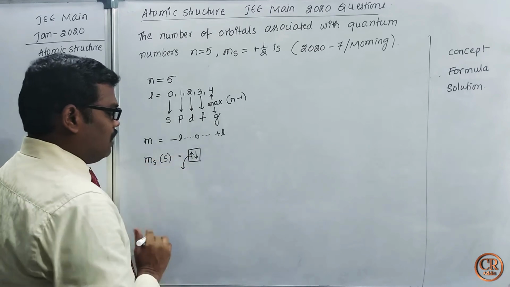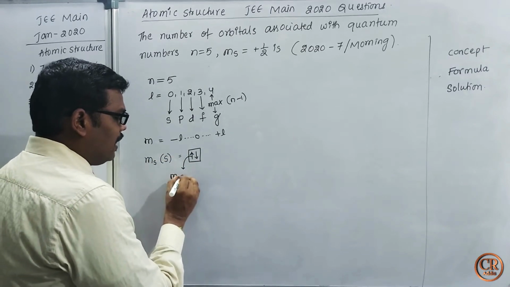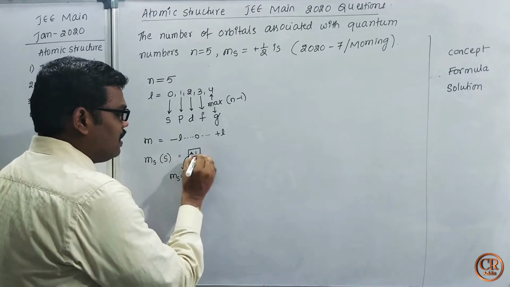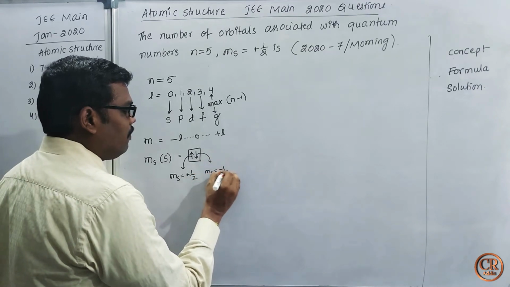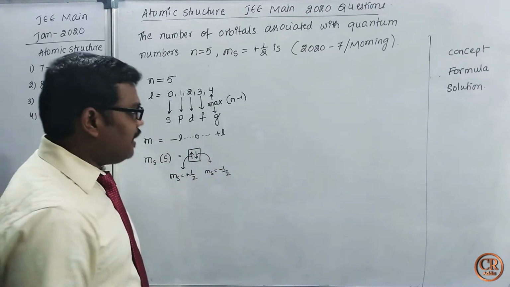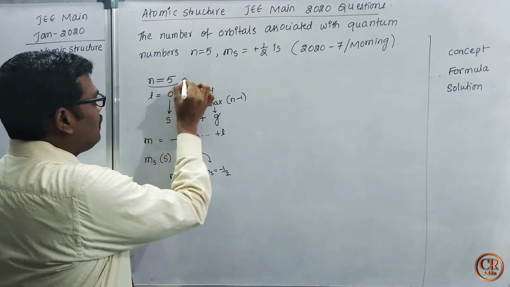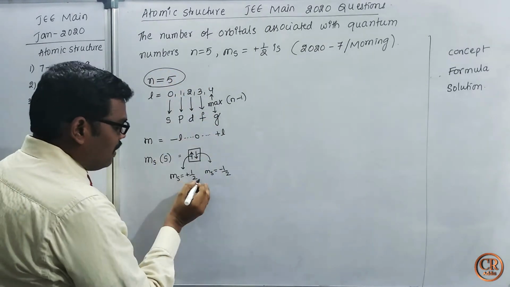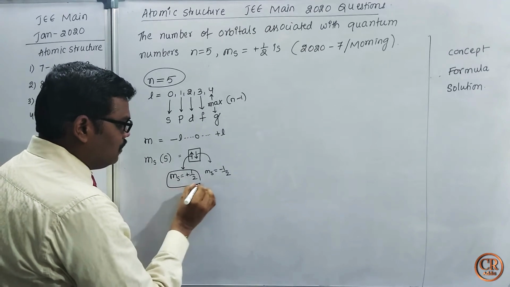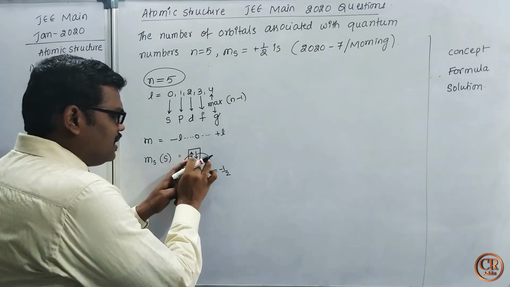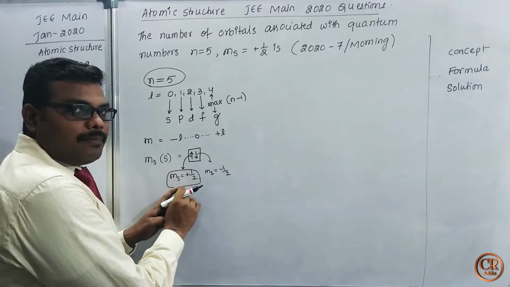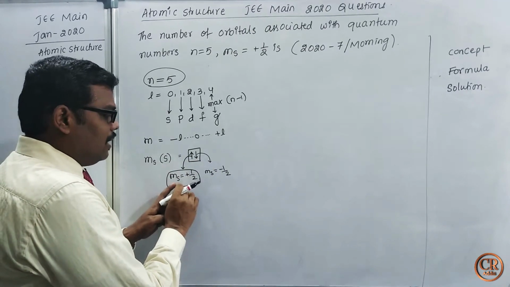For this electron, the ms value is plus half. Here the ms value is minus half. So in the given question, they covered these two: one is n is equal to 5, and the other is ms value equal to plus half. That means each orbital has plus half spin quantum number.